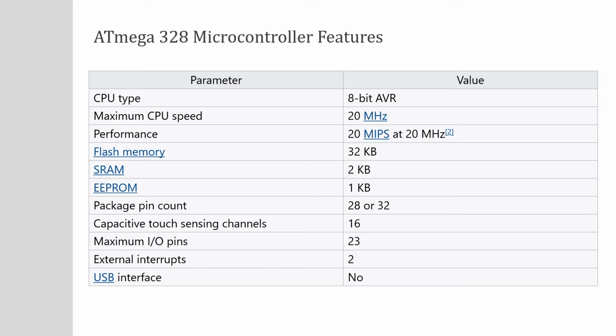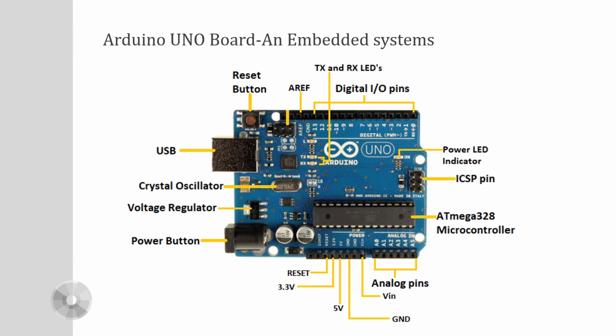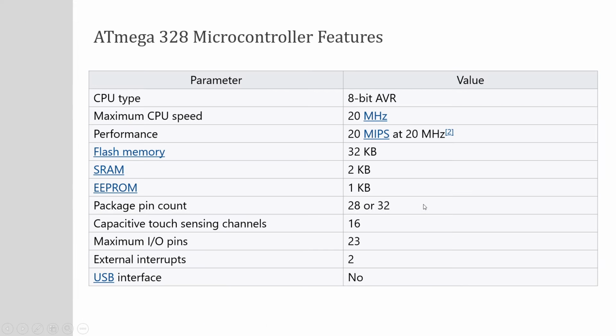Next, it has 16 capacitive touch sensor channels, 23 input output pins and 2 external interrupts, and it has no USB interface. We should externally connect the USB port; that is why we connect the USB port externally in the Arduino board, because the ATmega does not have access to a USB port.